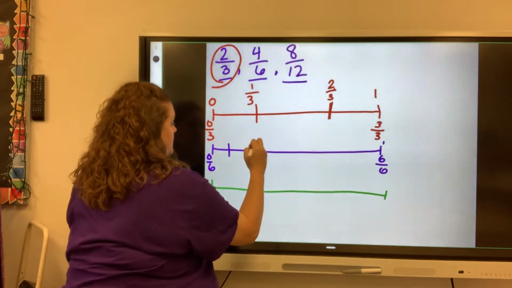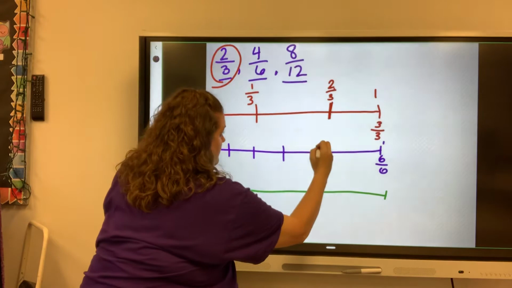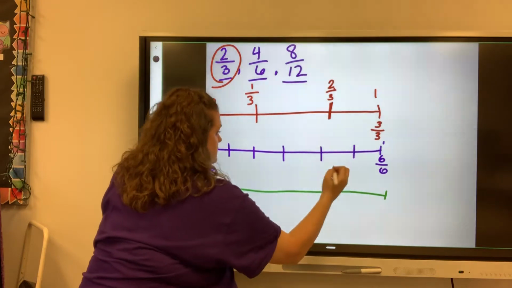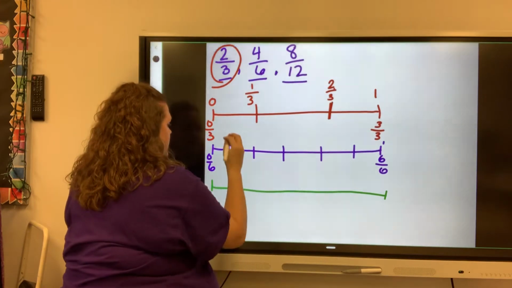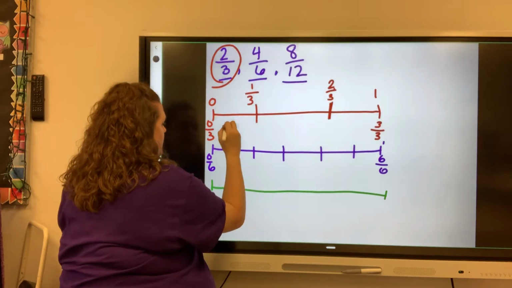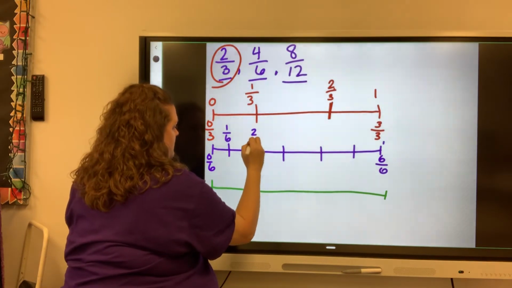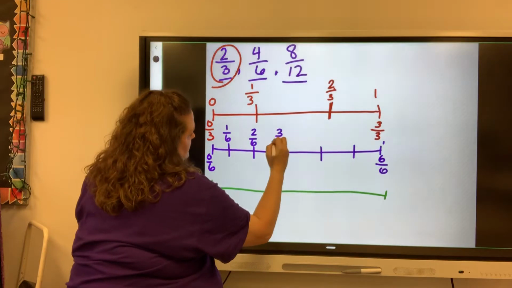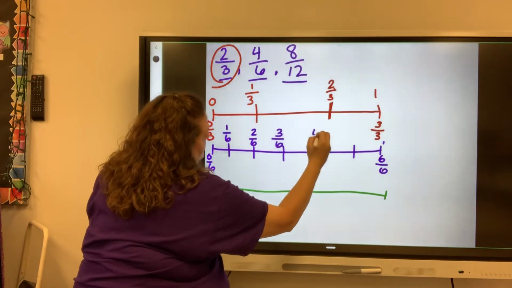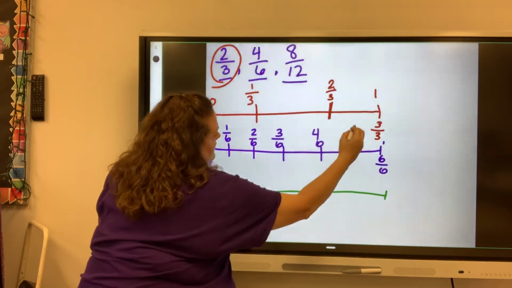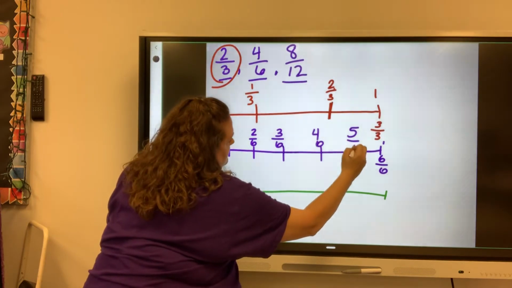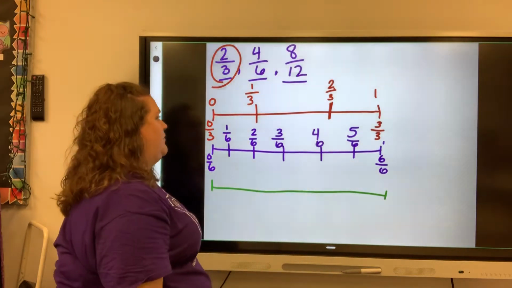So 1, 2, 3, 4, 5. I think that's right. So we're going to do 1/6, 2/6, 3/6, 4/6, 5/6. I already have a bit of a problem, but that's okay.